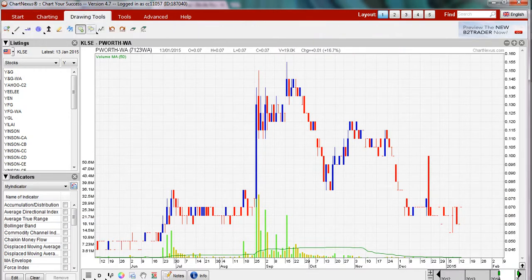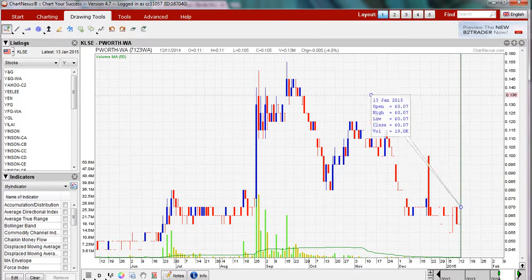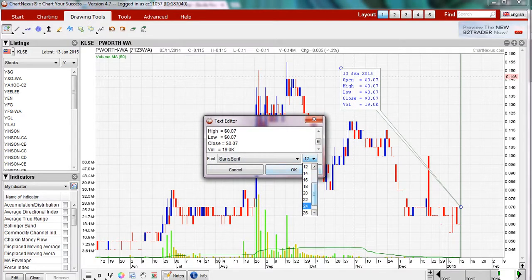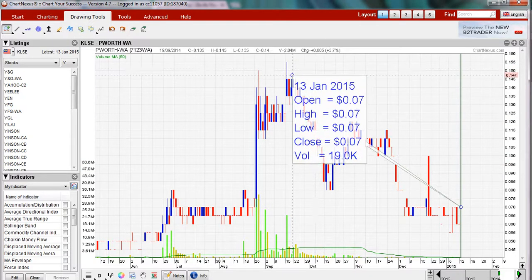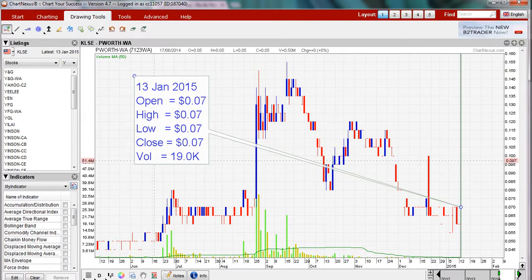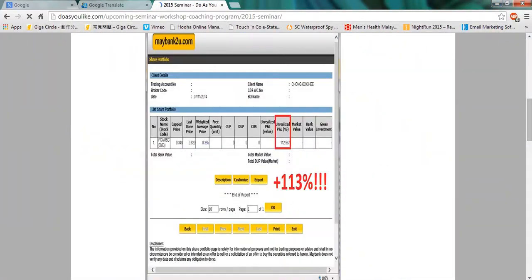If you can't see clearly, I just place the indicators, I mean the index, over here, so I maximize it to 28 so that you can see clearly. I drag to the left. This is also something I share with you, how to get this software and how to use it in my seminars.